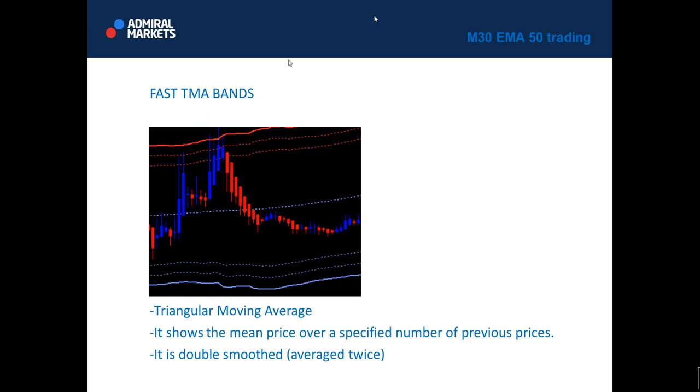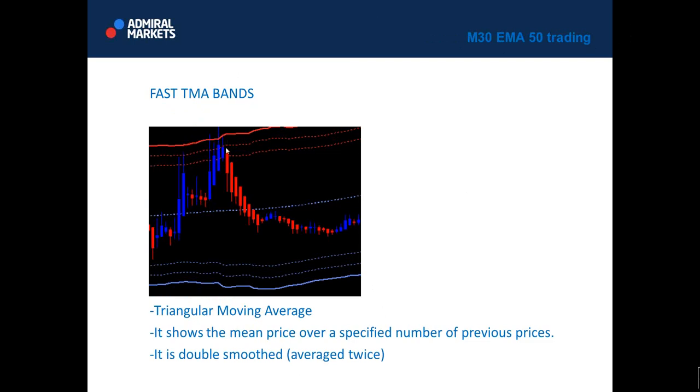This is fast TMA bands. What are TMA bands? Those are triangular moving averages. It shows the mean price over a specified number of previous prices, and it is double smoothed. It's averaged twice.